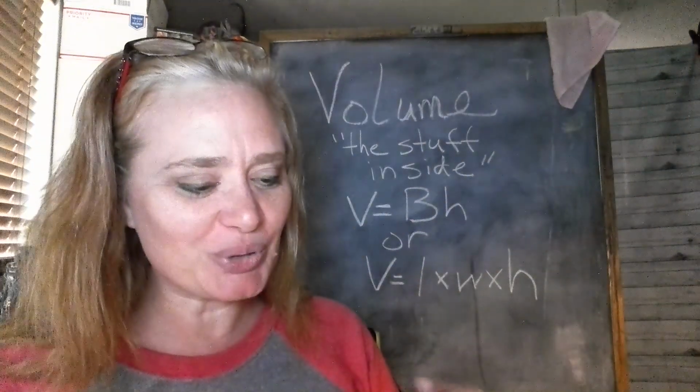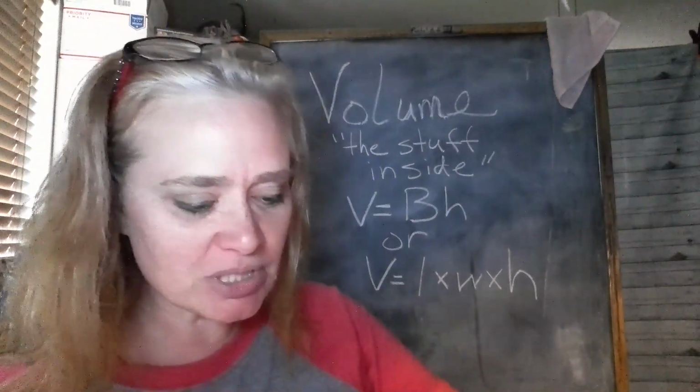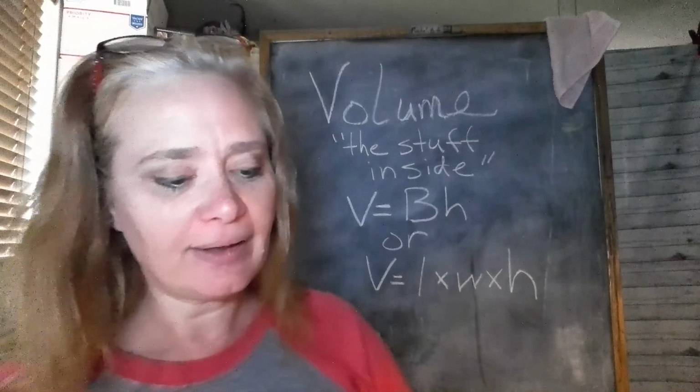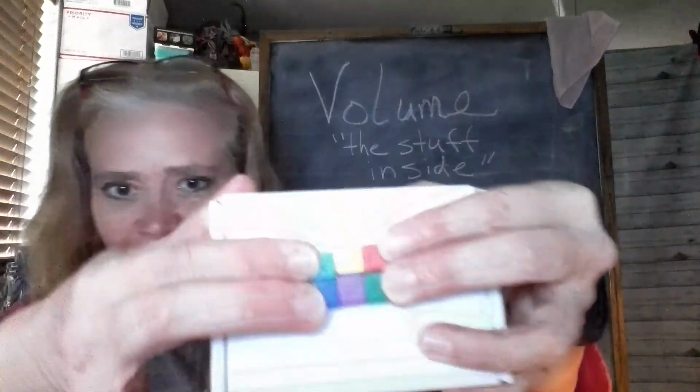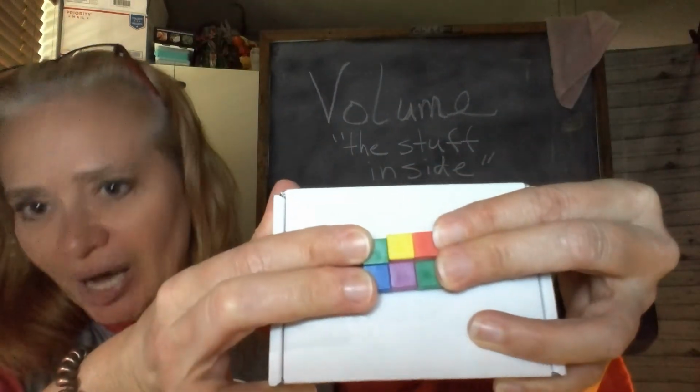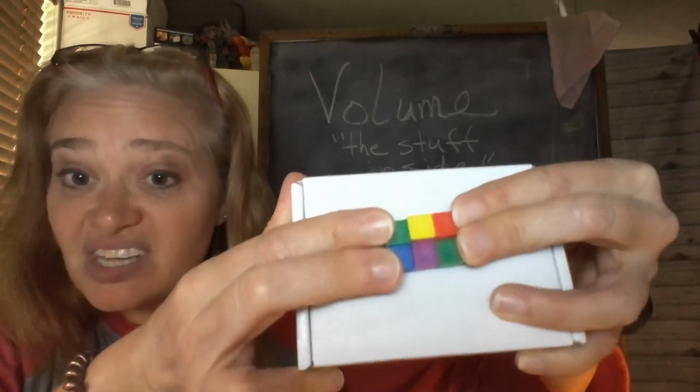So I have a total of 6 cubes. Here you go, I'll fix that for you. There we go. So the area of the bottom part of this shape is 6.